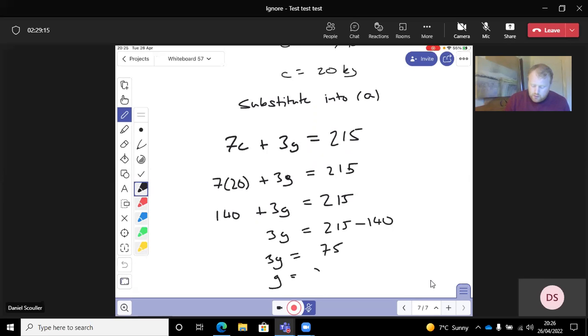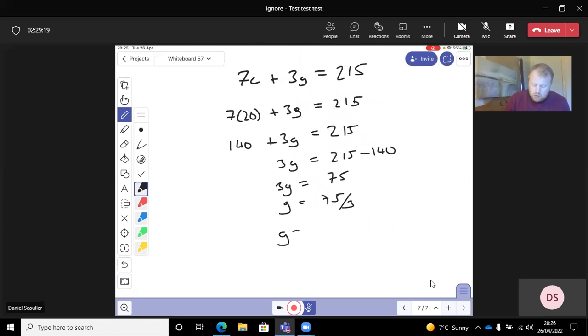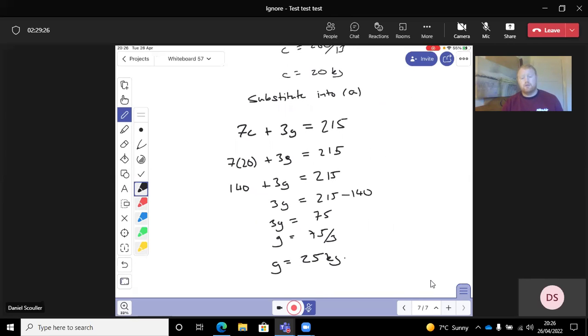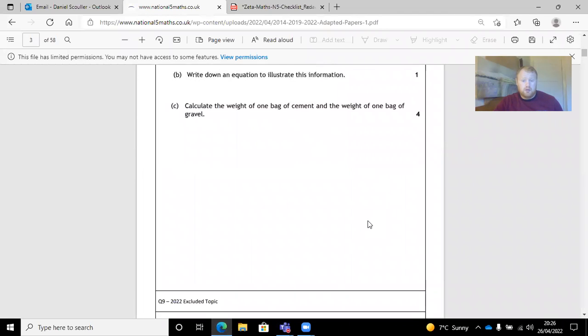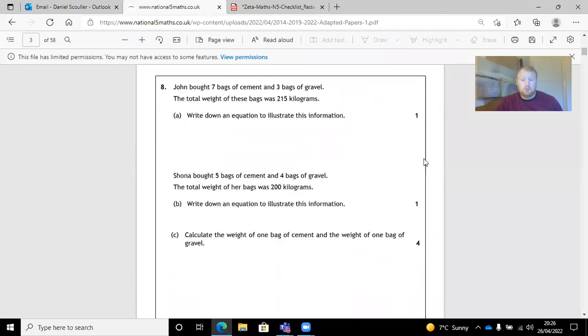G is equal to 75 divided by 3. G is equal to 25. So 1 bag of cement is 20 kilograms and 1 bag of gravel is 25 kilograms. That brings you in 6 marks. That's a good question. Any questions on that, guys?